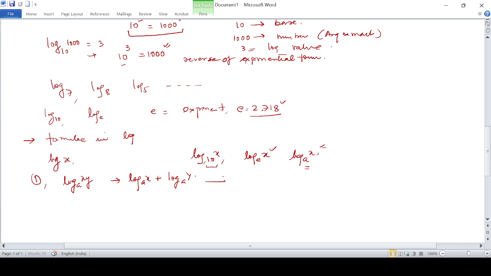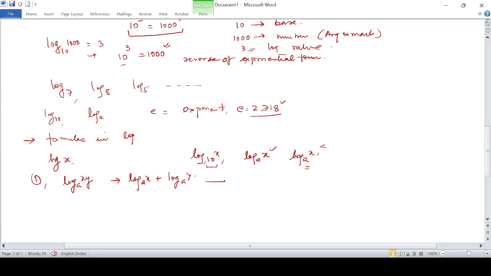This is the first. Multiplication in logarithm with the same base will give you addition, which is always simple. Why is logarithm used? Because multiplying some large numbers is very difficult, but when you add these large numbers it is very easy.